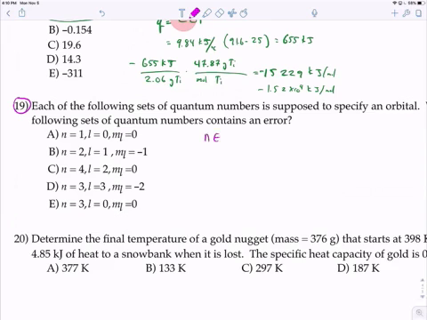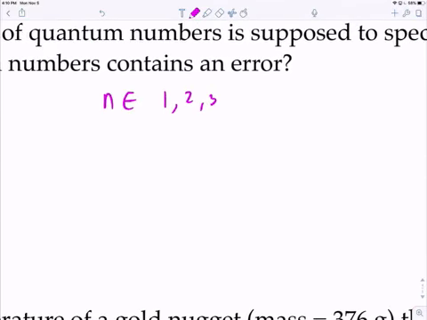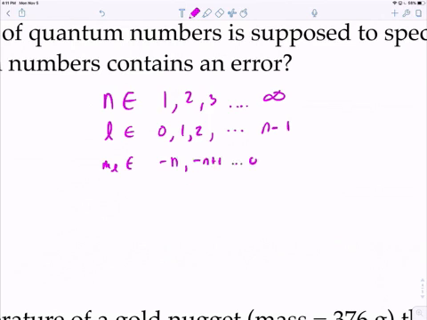The quantum numbers, if you recall: n can be positive whole numbers only, 1, 2, 3. L can exist as 0, 1, 2, on to n minus 1. And m sub l can exist as minus l up to l.